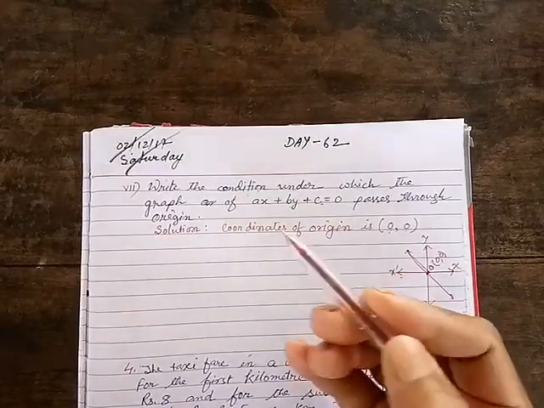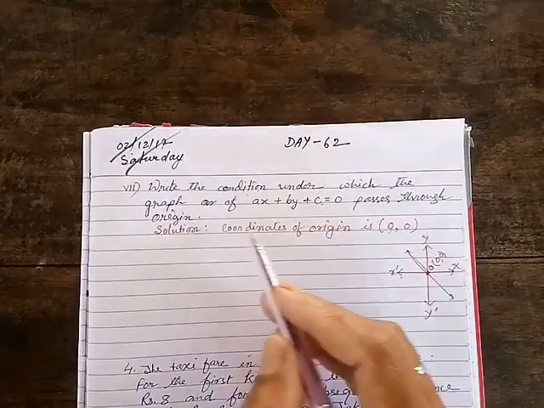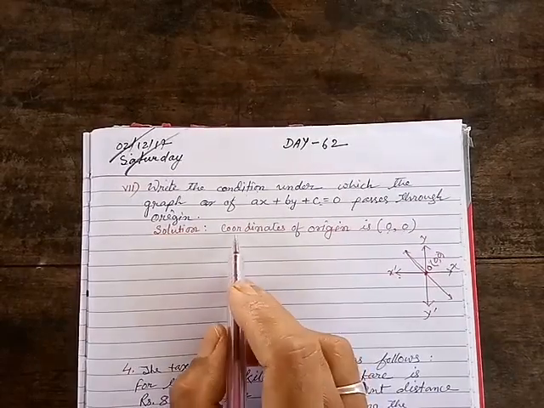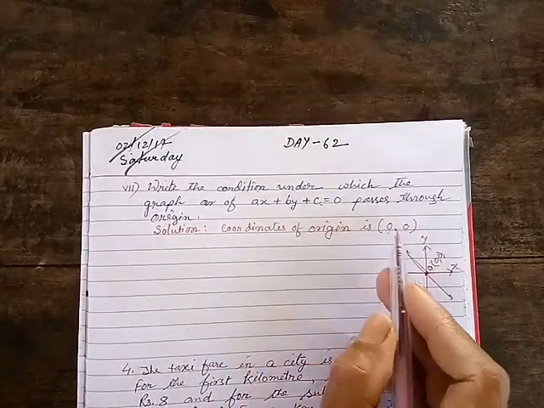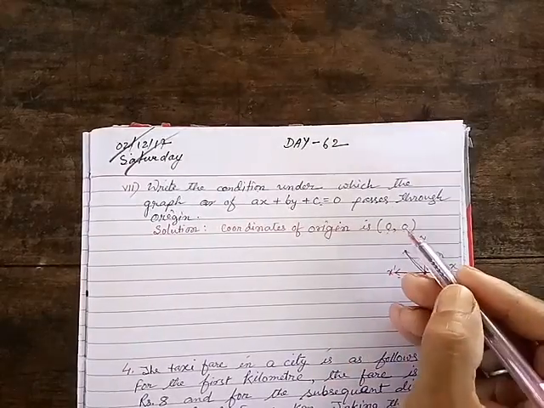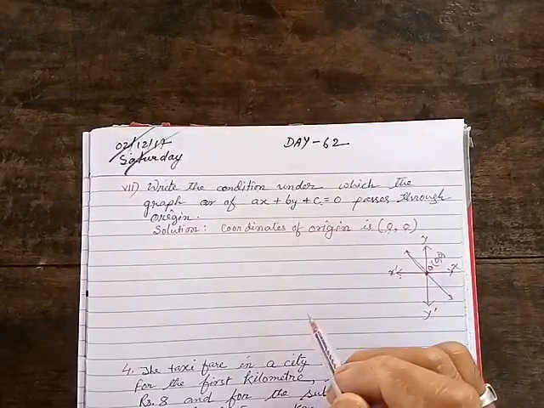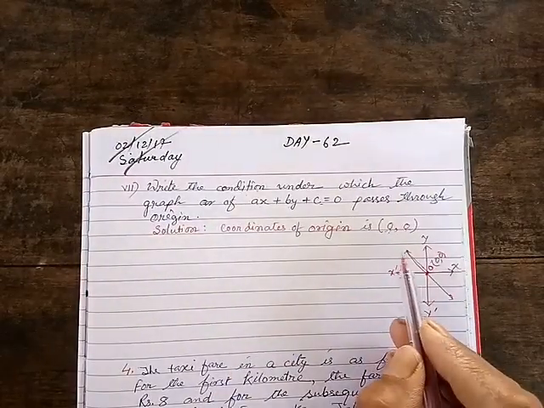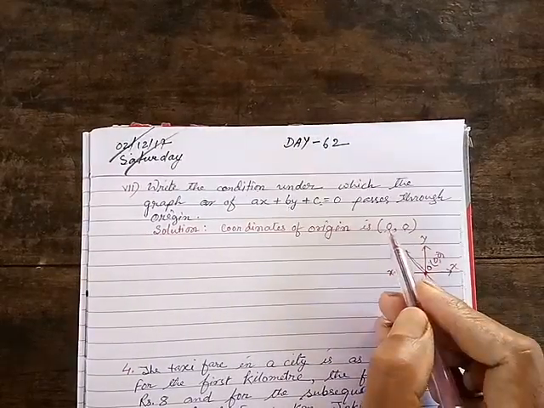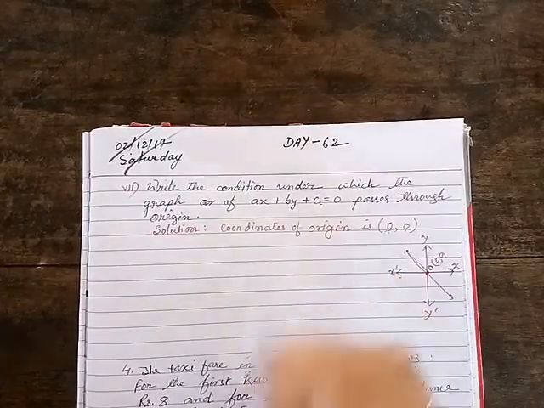But the question is, in what condition will this equation pass through this origin? We know that the coordinates of the origin are 0 and 0. That means the x coordinate is 0, the y coordinate is 0. This should be one of the solutions of this equation. If a graph passes through the origin (0, 0), that means the x value is 0, the y value is 0, and it should be one of the solutions of this equation.